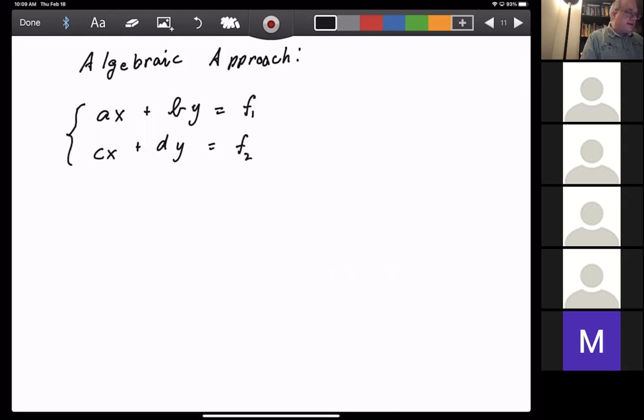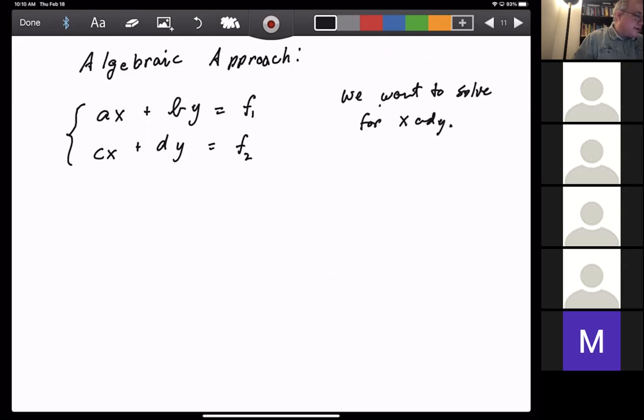Okay, so let's think of 2 equations and 2 unknowns. A, B, C, D are coefficients, assume real for now. F1 and F2 are coefficients. We can assume they're real for now. We want to solve for X and Y. X and Y are the unknowns we're trying to solve for.